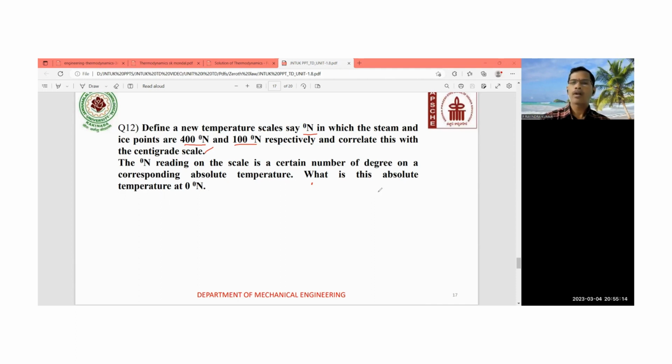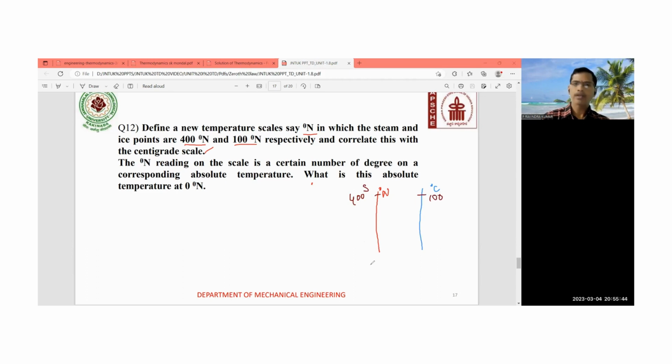You have to draw two lines. One is going to correspond to degree n, and there is another line which you can consider here, and this is going to be degree centigrade. Now you can mention that in this case the steam point is 400, and here it is 100 degrees centigrade.